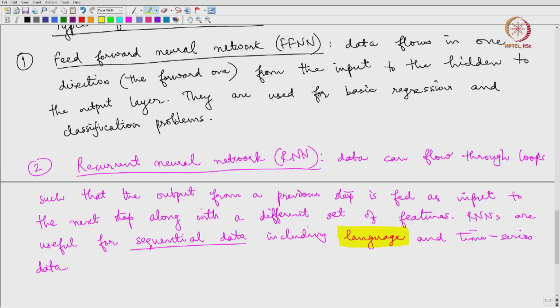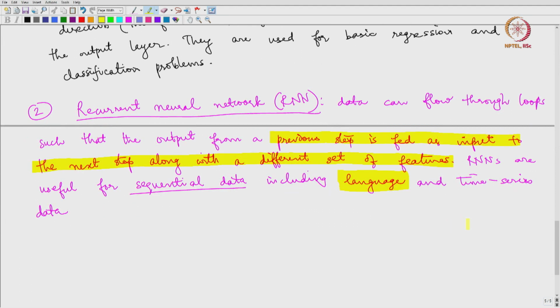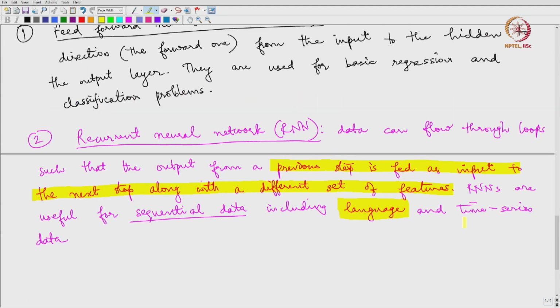But for language models, it is very important that what happens in the previous step should be fed as the input to the next step along with a different set of features. If you are trying to model a paragraph of text, these features are basically words. So every time you have to feed a new word in order to predict the next word. That is how a recurrent neural network is useful in language problems and natural language processing, but it can also be useful in time series data.